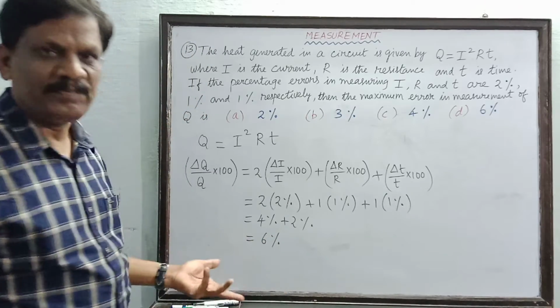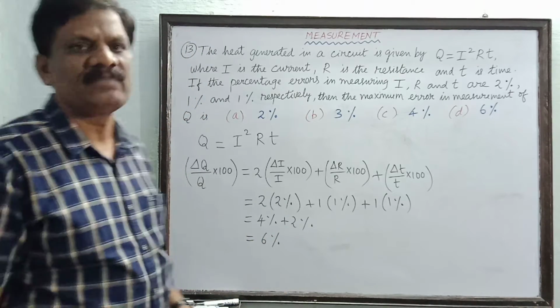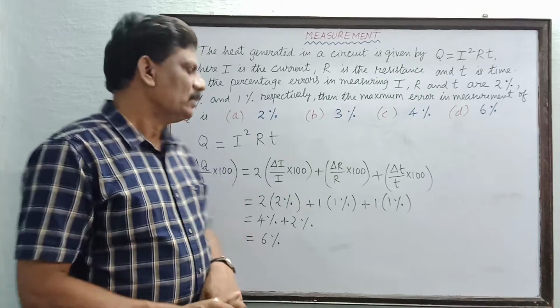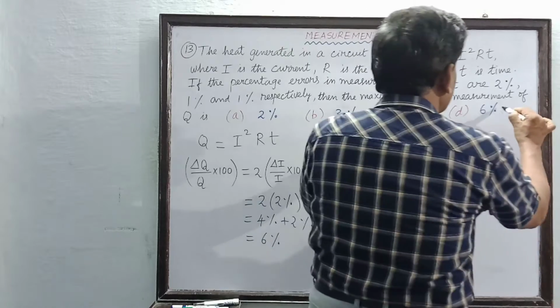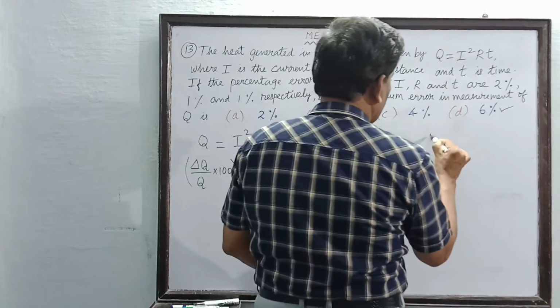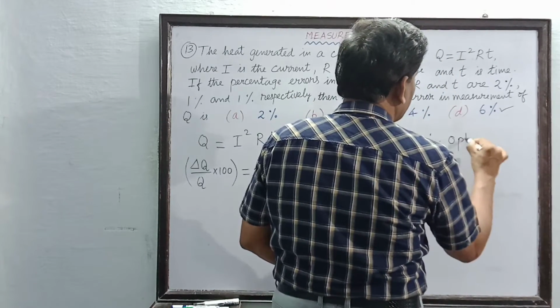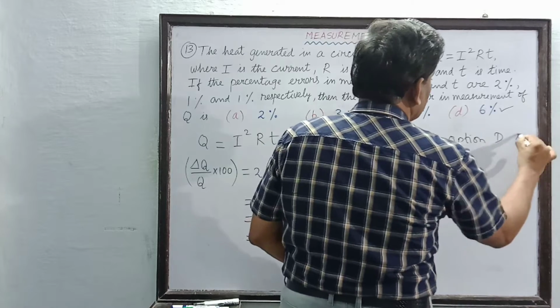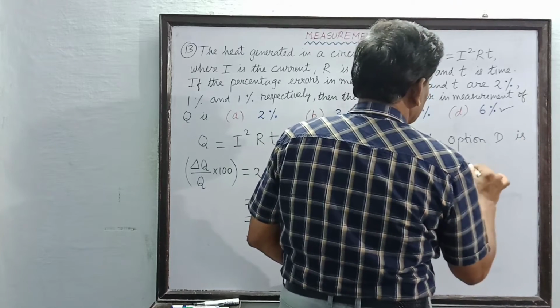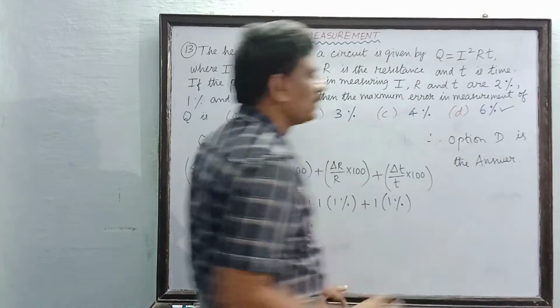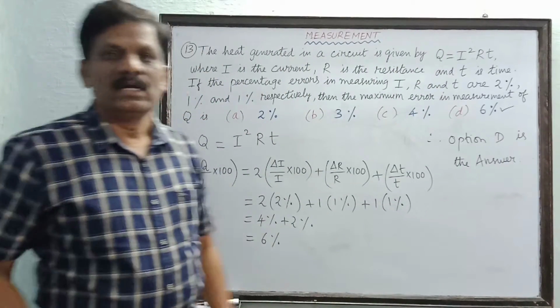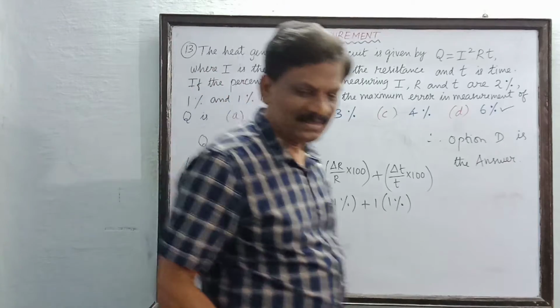So this is the maximum possible percentage error in the measurement of the quantity of heat Q. So 6% is the answer. So the option is D. D is the correct option. Understand that? Therefore option D is the correct answer. Have you understood, students? Okay, fine.